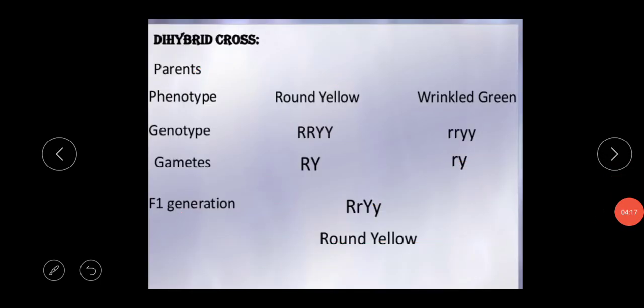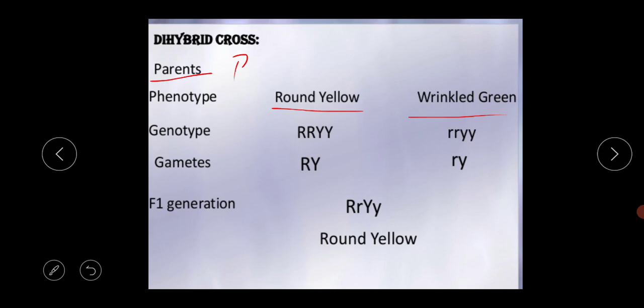Next is the dihybrid cross. This is actually the Punnett square. In the P generation, he picked round yellow and wrinkled green seeds. He picked two characters of the pea plant: the first is seed color and the second is seed shape.